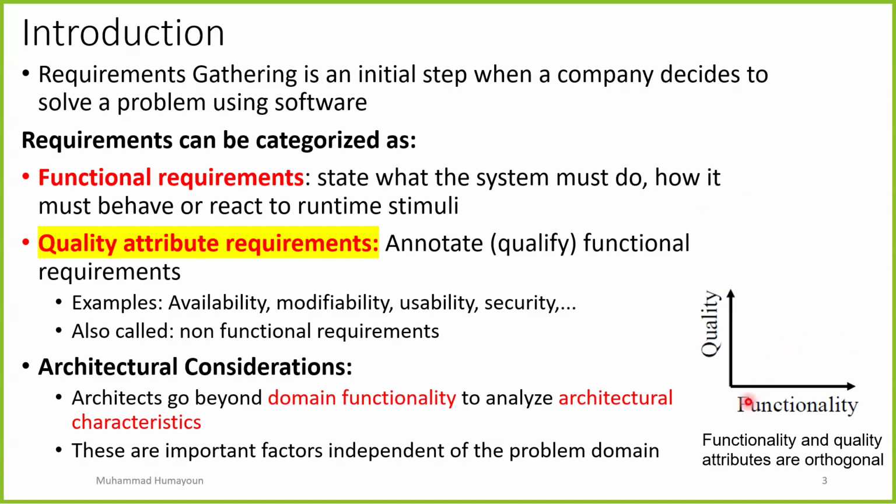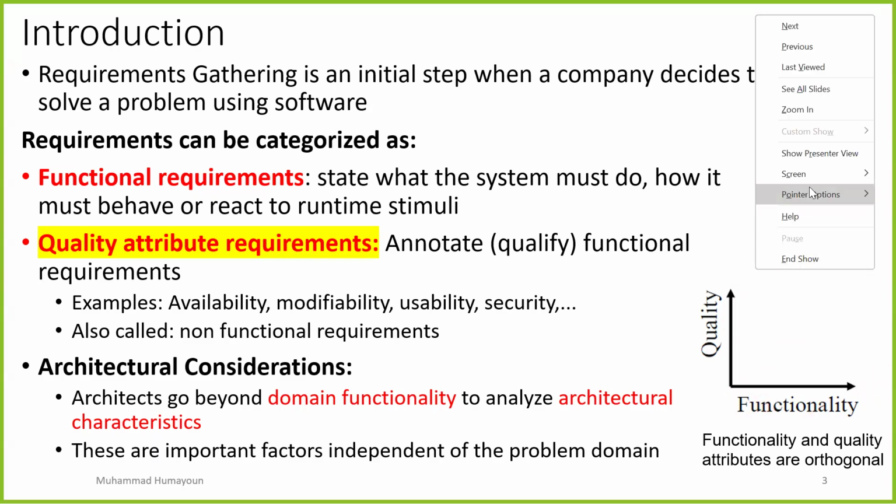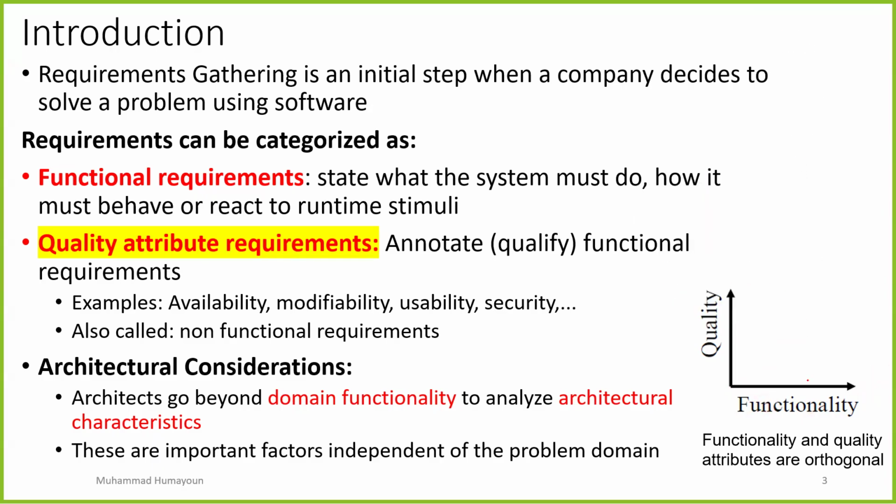So we can say that if you have functionality on the x-axis, there must be quality on the y-axis, and only then can we see how good or bad your system is. Let's say your system in functionality is really good, but it doesn't support many of the quality attributes. Then it's no good. And if you end up here, where it is available all the time, very secure, usable, but the things it's supposed to do, it doesn't do, that is not good either.